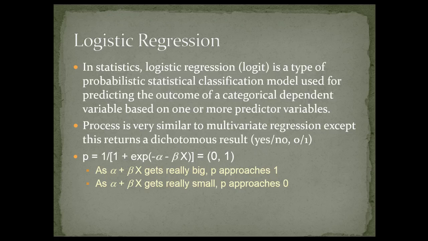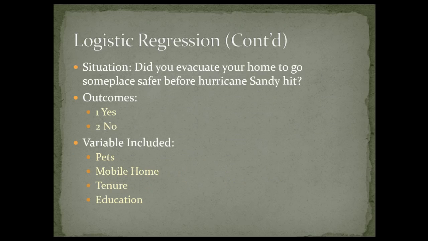And the same, the smaller the alpha plus beta x, the closer it returns 0. So we'll run through an example here. I'm not going to run through all the steps like we did in multivariate linear regression, because those can be carried over. This is just a brief overview of what logit regression is.